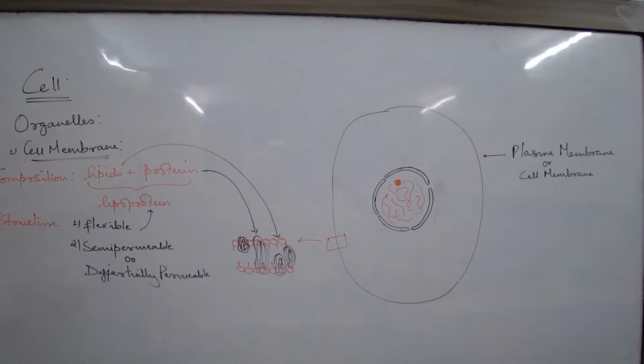Think of a plastic sheet. Will transport happen through the plastic sheet? Is transport possible? No, so this is not permeable. What about paper? Will the process of transport happen?